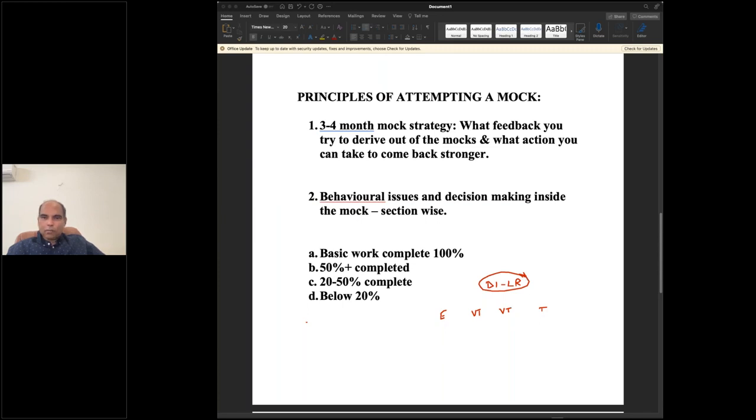In fact, the way DI starts, when you prepare in DI, is you first cover the data representations: pie chart, bar charts, line graph, etc. You first spend maybe the first 30 days, 3 to 4 weeks, on individual data representations.